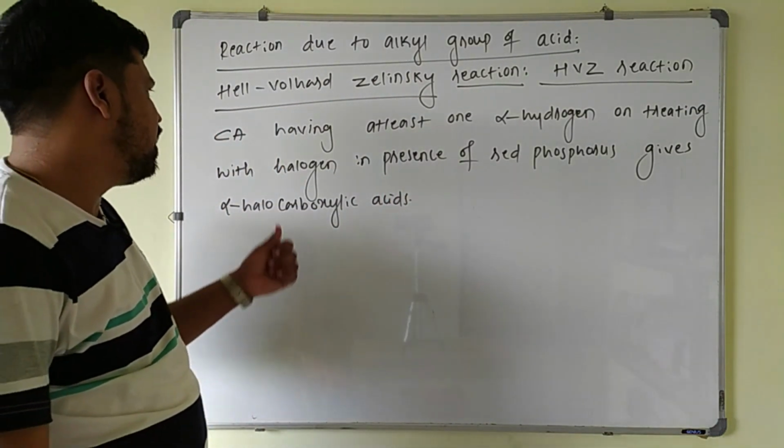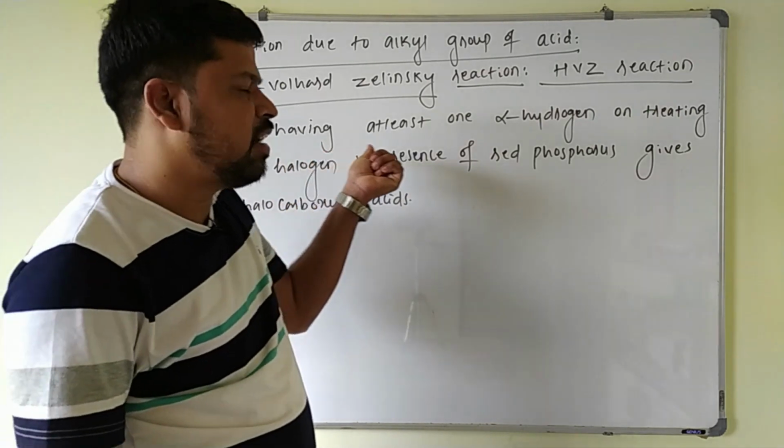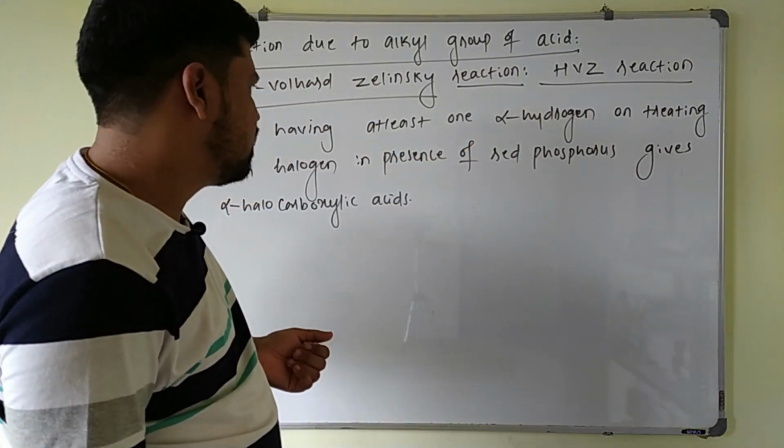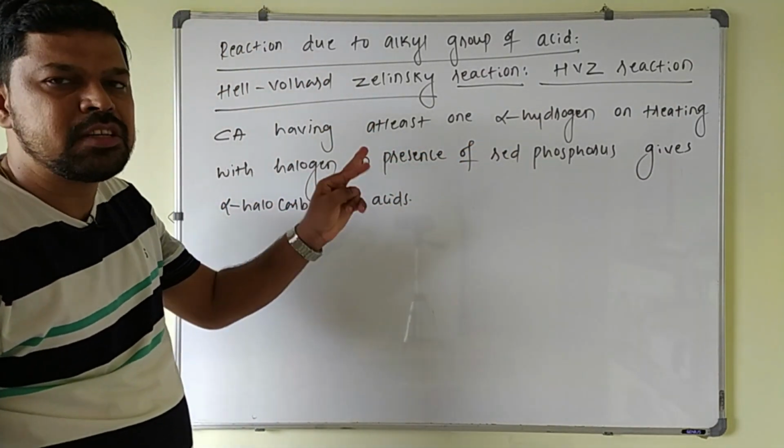So here, whenever carboxylic acids are treated with halogen in presence of red phosphorus, alpha hydrogen will be replaced with one halogen atom.